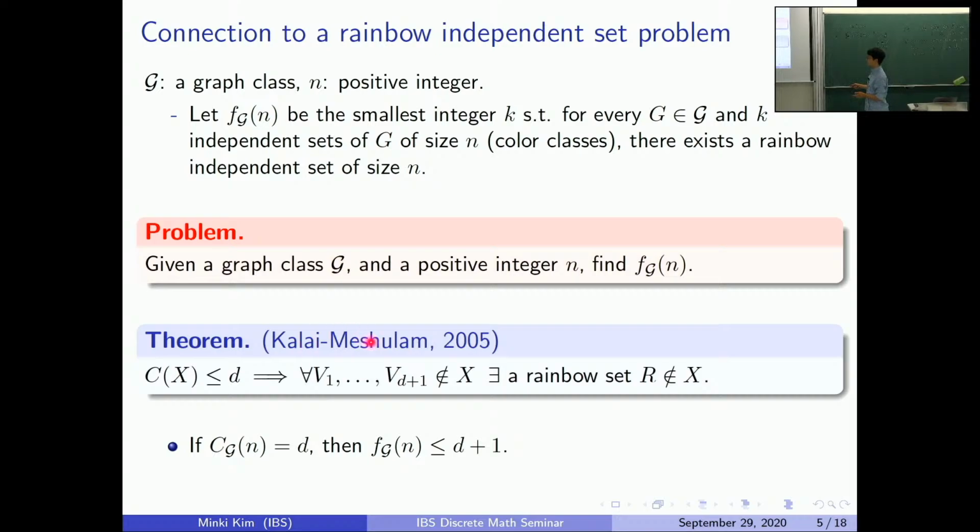We're just finding some partial rainbow set that is not contained in X. If we can find a partial rainbow set that is not in X, then we can add any element from the remaining colors to make the full rainbow set.